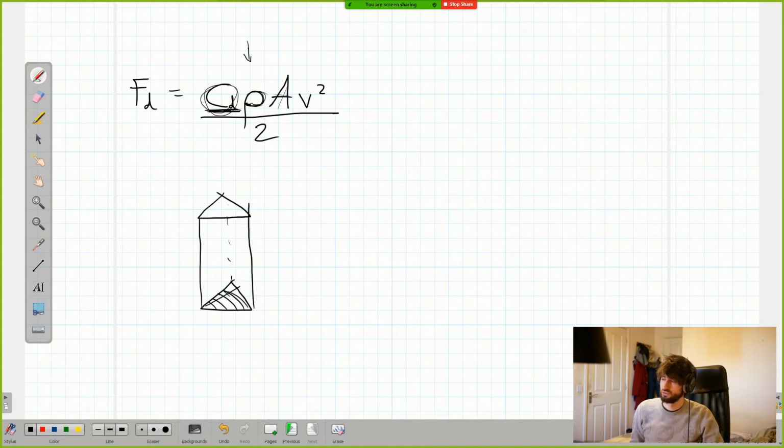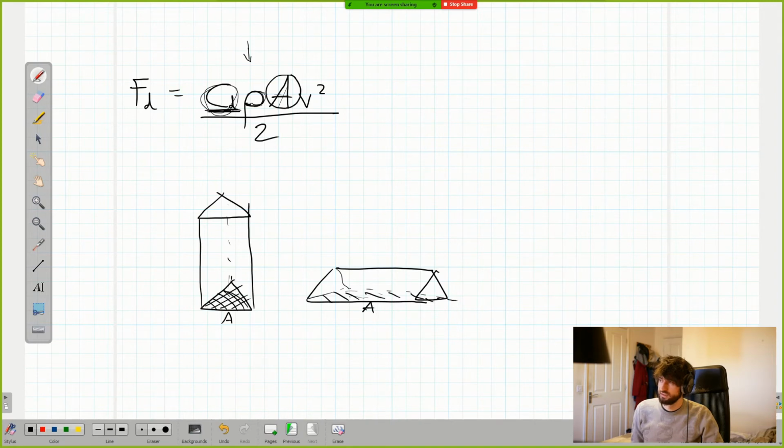This thing has a cross-sectional area of A. And this one is falling like this. This has a cross-sectional area of this A.